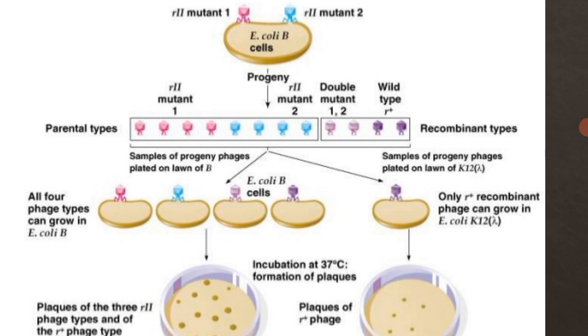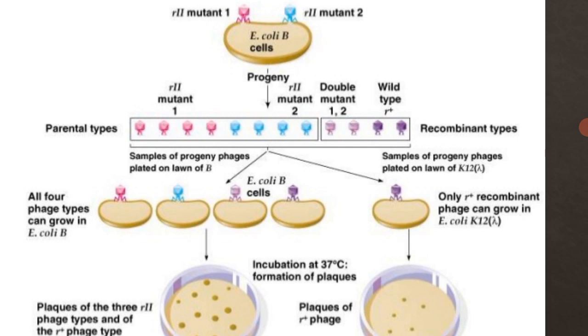But in case of the wild type R plus, it is very much able to grow in absence of those genes also, because it has them in its own genome, the genes which are responsible for growth, right?